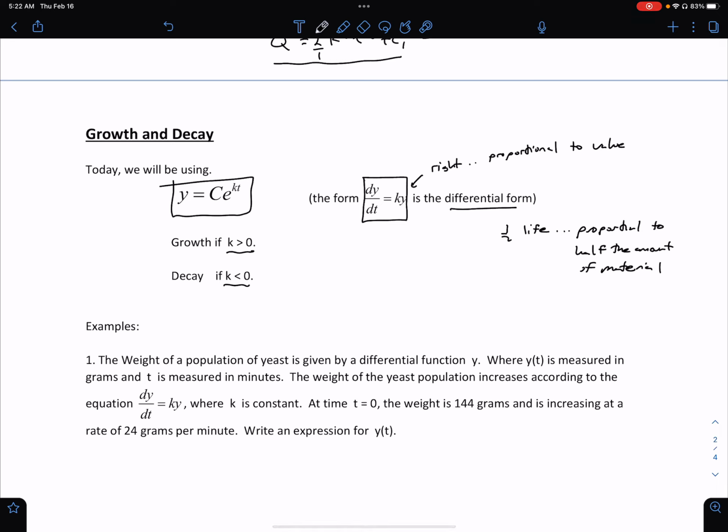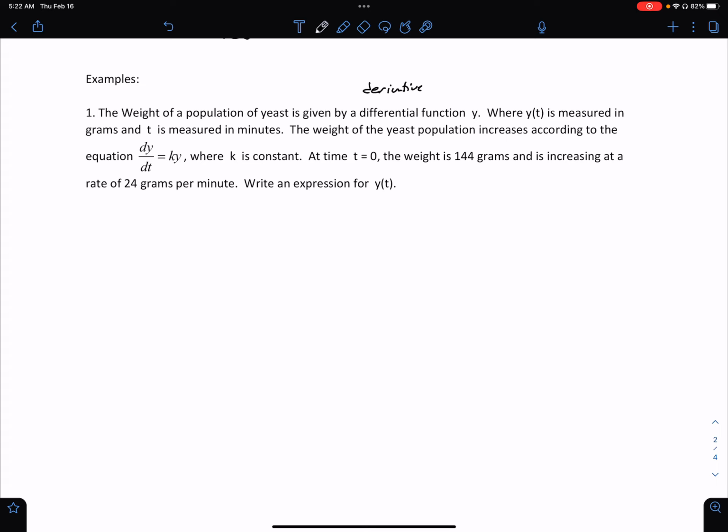So let's take a look at an example here. The rate of population of yeast is given by a differential function. So they're telling us that this is indeed going to be a derivative where y of t is measured in grams and t is measured in minutes. The amount of yeast population increases according to our equation, dy/dt is ky, where k is constant.